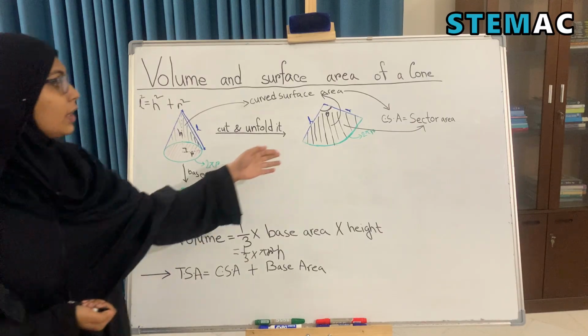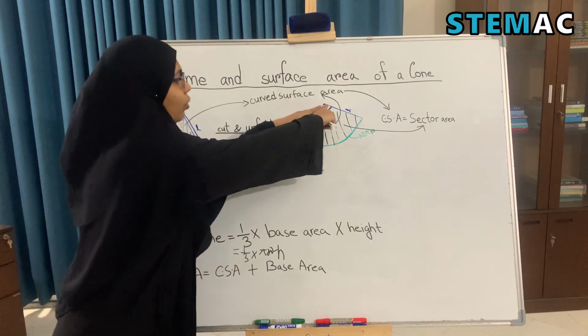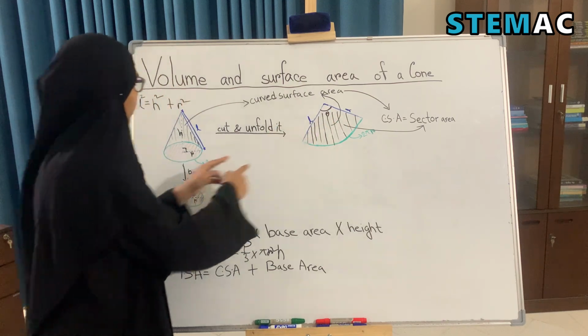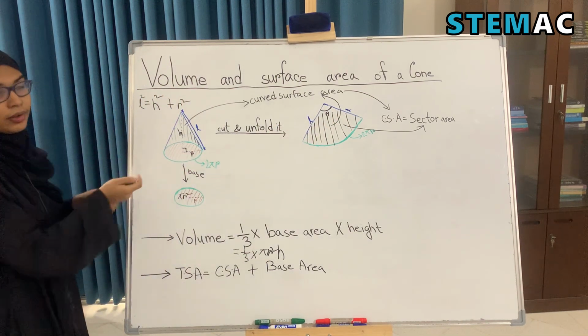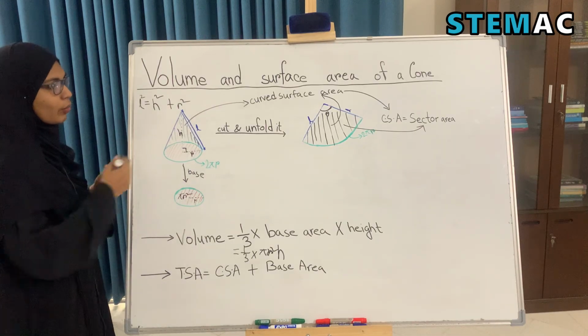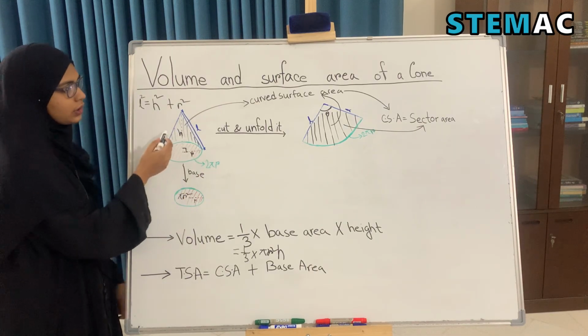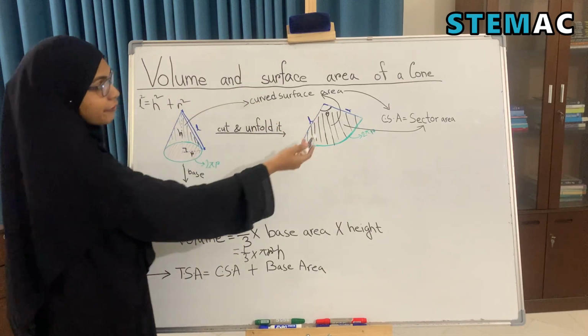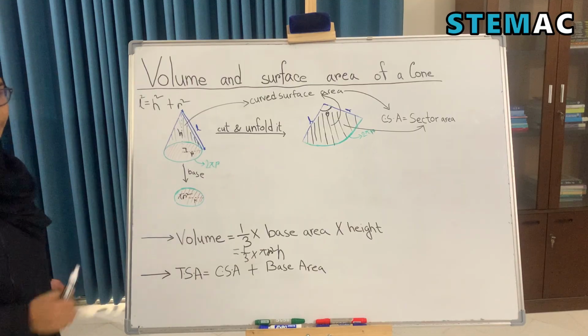Similarly, if you fold these two sides together, you would get a cone. So when I unfold it, what I get is the curved surface area of the cone.